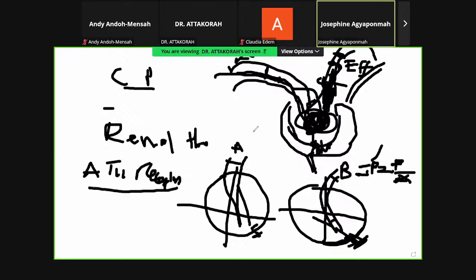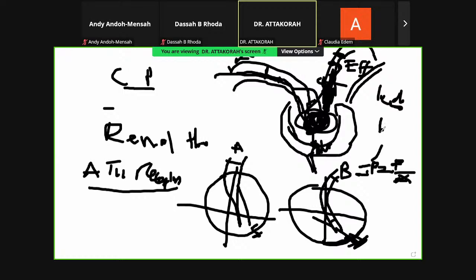Angiotensin II. So we have angiotensin 2 receptors. We use the word ligated.